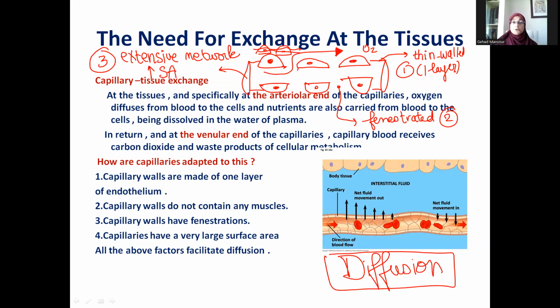In order to ensure that the capillaries are thin-walled, it's not only enough to have their walls made of one layer, but they should contain no muscles at all. Why are we saying this?